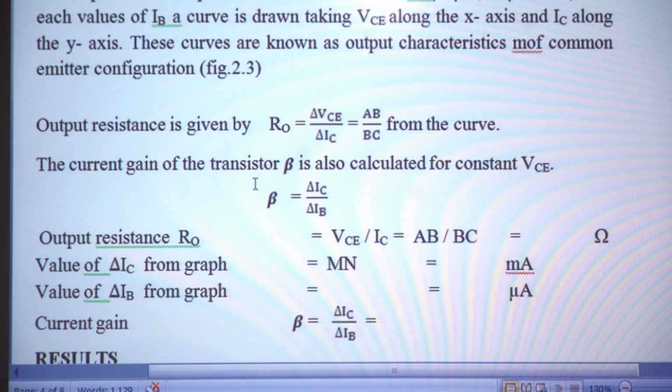Then the current gain of the transistor, that is beta, is delta IC divided by delta IB.